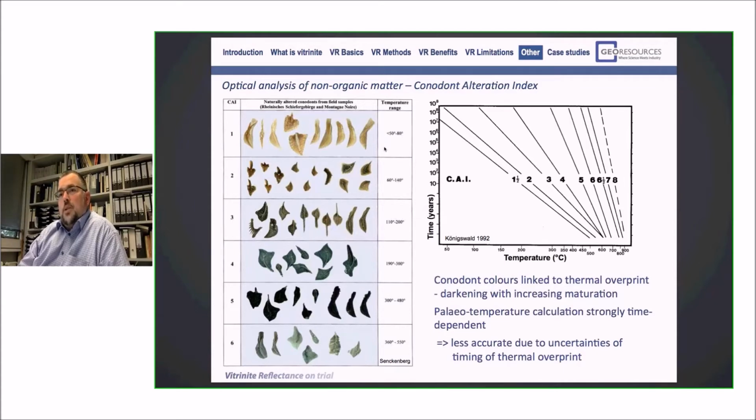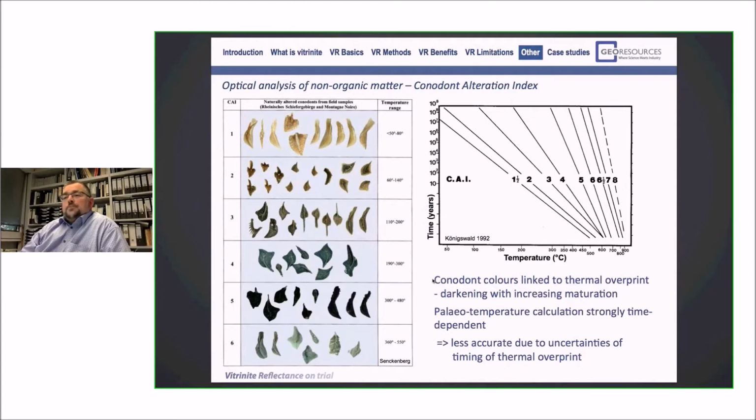So even in the lowest level, there is a temperature given from below 50 to 80 degrees, second level 60 to 140, 110 to 200. So we see there's a wide temperature range, and it's very often not clear to identify how long this thermal event has been, and therefore what exact temperature we would get out of the conodont alteration index.